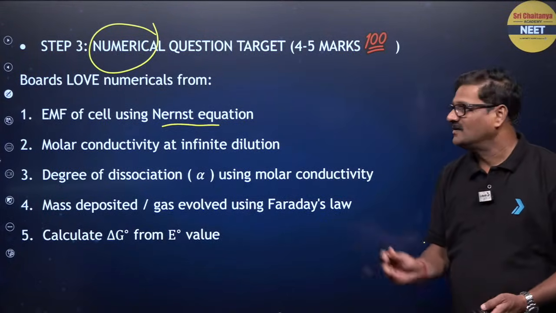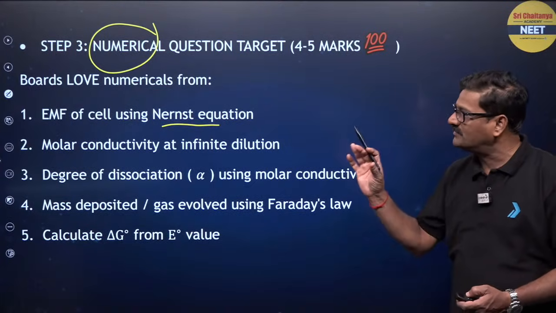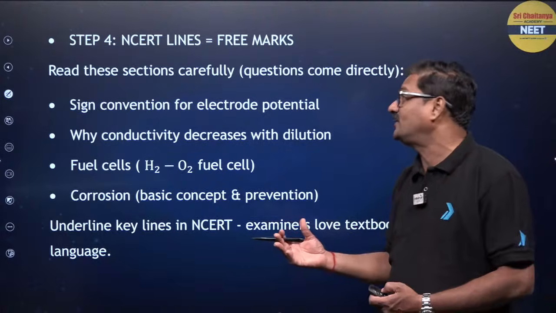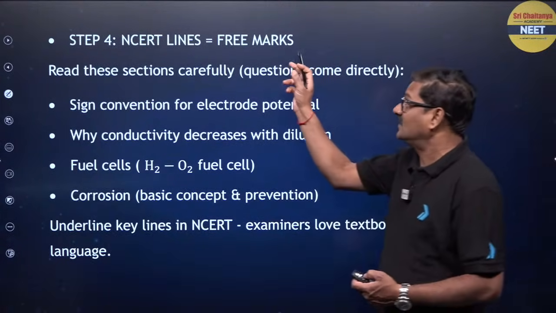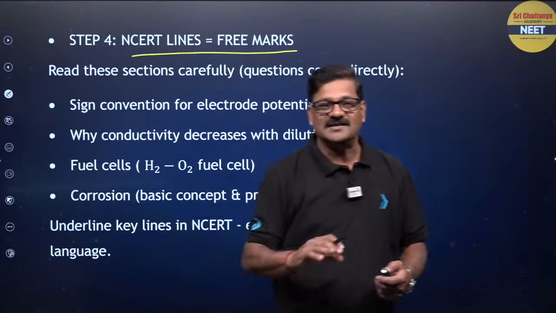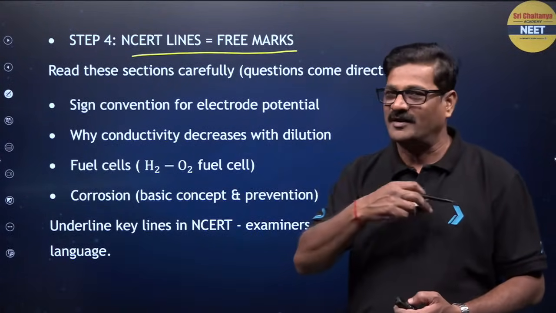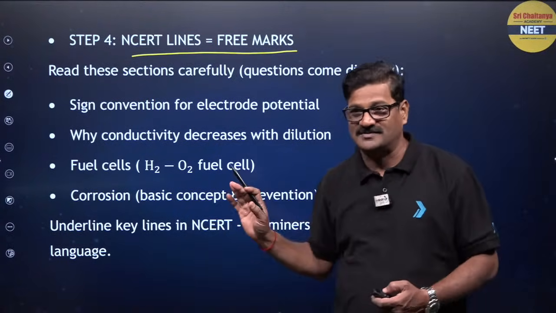Bachcho, now I want to give you some tips to extract marks from the CBSE examination paper. Each line in the NCERT is a freebie to give you marks, and the marks are in your pocket. Don't leave the marks on the table.